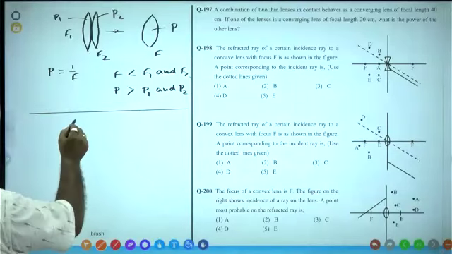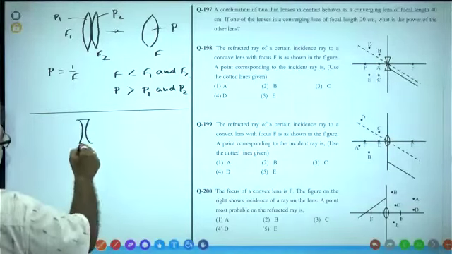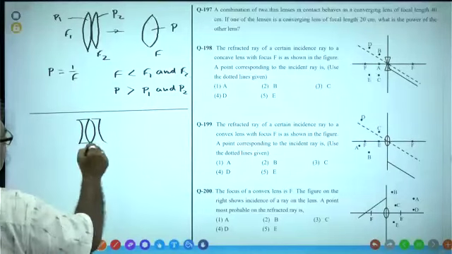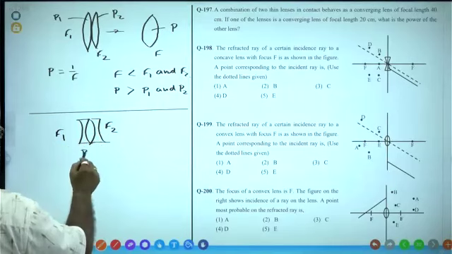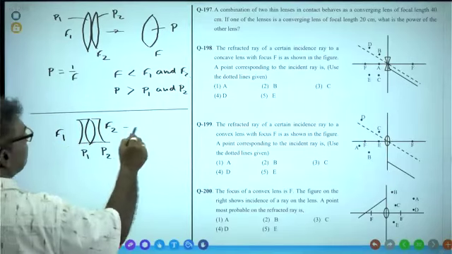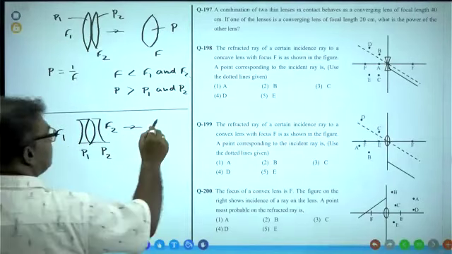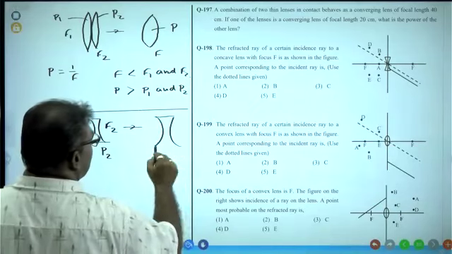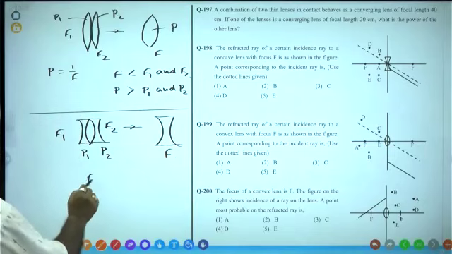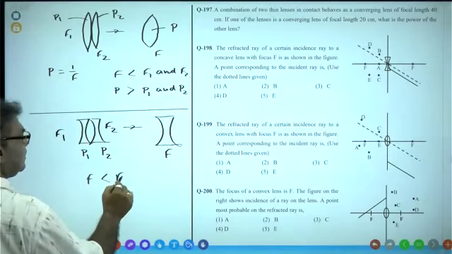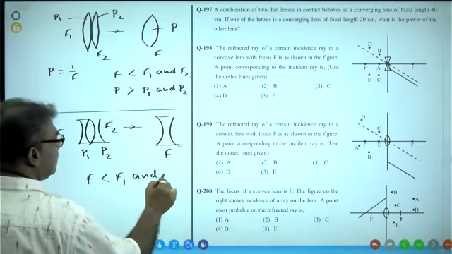Second arrangement, if you are given two concave lenses in contact with each other, focal lengths f1, f2, corresponding powers P1, P2, the resulting lens of focal length f should be smaller than f1 and f2.